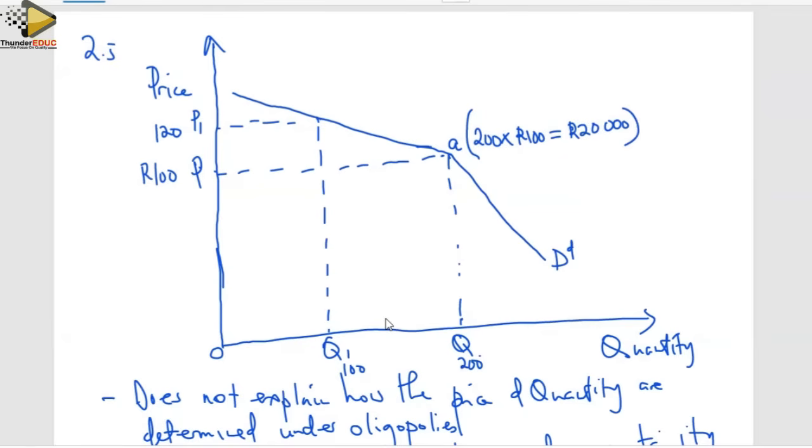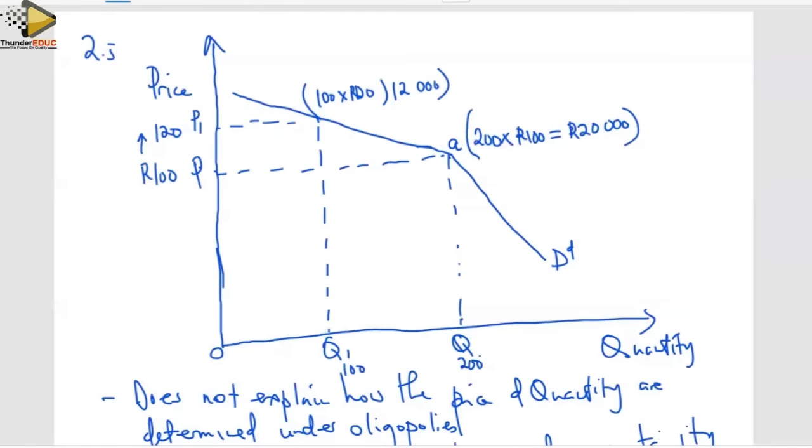But look at what is going to happen if the business tries to increase its price from 100 to 120. It is going to lose a considerable number of customers. So it is now selling 100 units at 120, which is going to give this business 12,000.